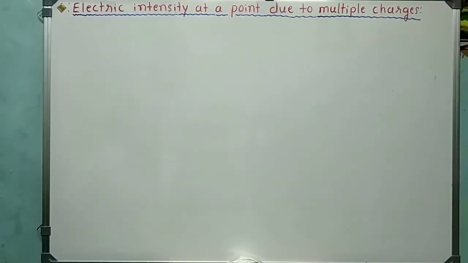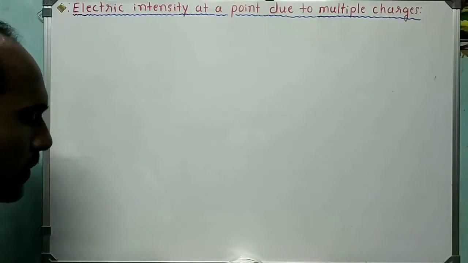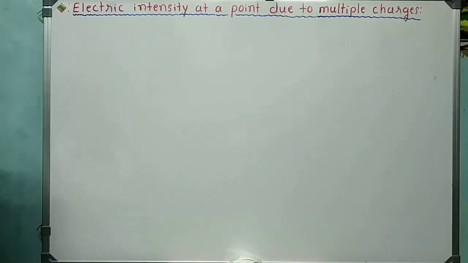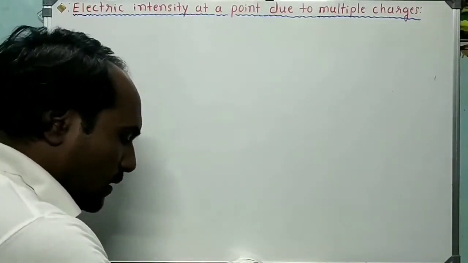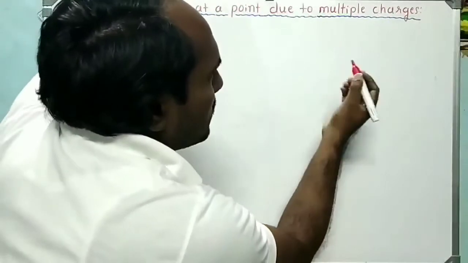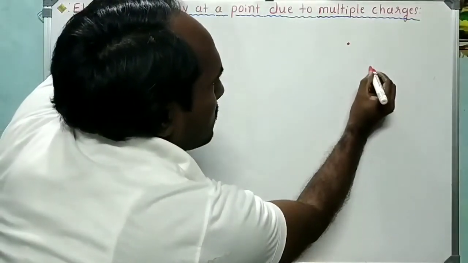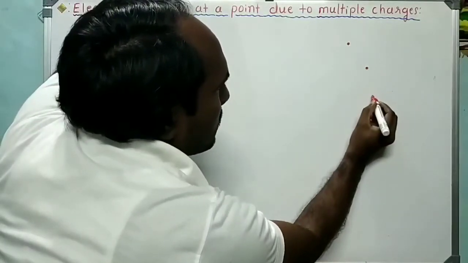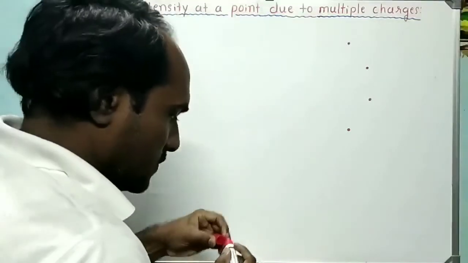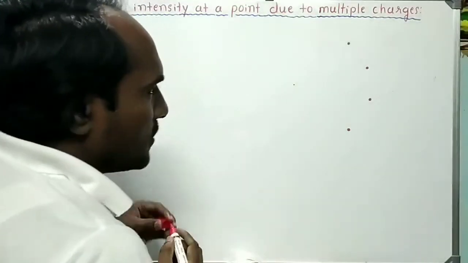Okay, my dear students, now I am going to derive the expression for electric intensity at a point due to multiple charges. See here, I will consider 3 or n number of charges. That is, this is the first one, second one, third one, and this is the nth charge. And this is the consideration point.